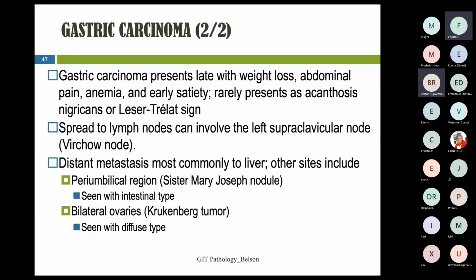Iyo node iyo iri ibumoso hejuru ya clavicle bone, you be very careful. It is a sign that this is a cancer from the stomach or the duodenum if possible. Mu gihe kanseri iva mu mwijima ijya kuri supraclavicular node ariko y'iburyo. So that is known.